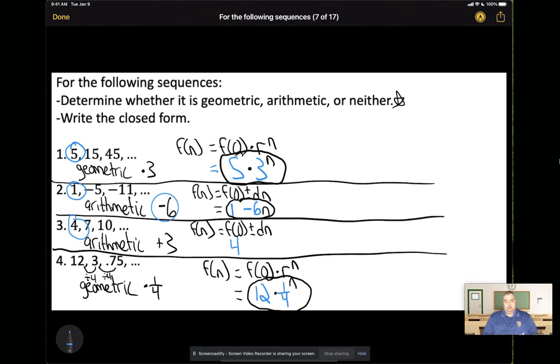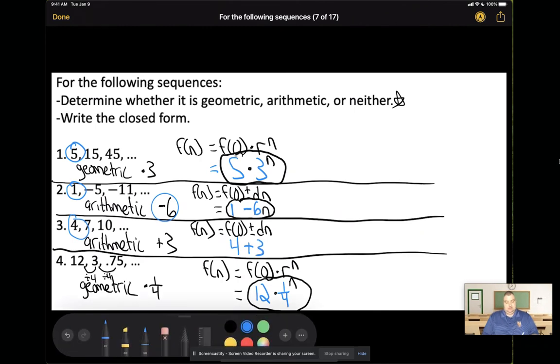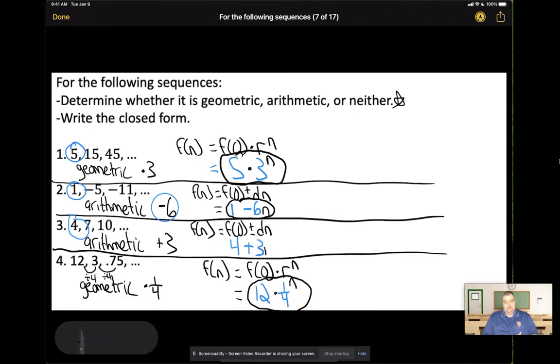We're going to use plus this time because my pattern was to add. And in this case, we were adding 3. So my closed form is going to be 4 plus 3n, 4 plus 3 times n. And that is it for lessons 8 and 9 on closed form.